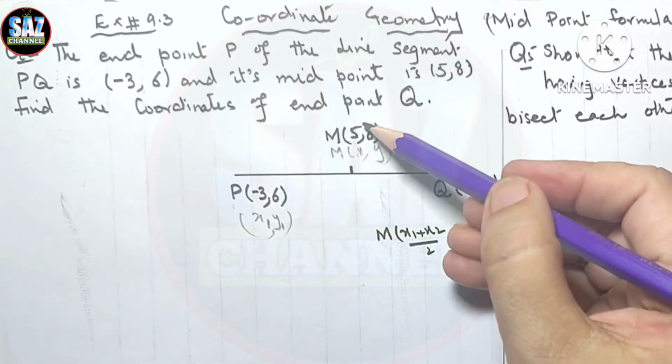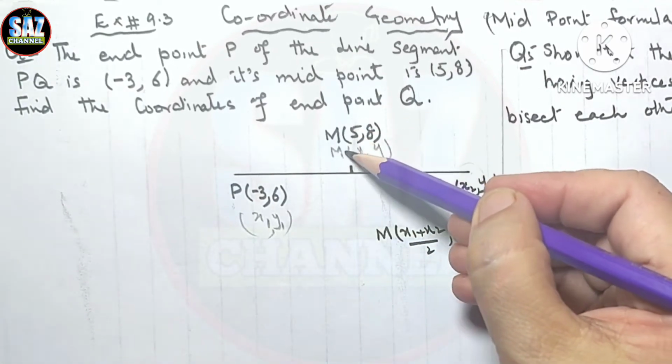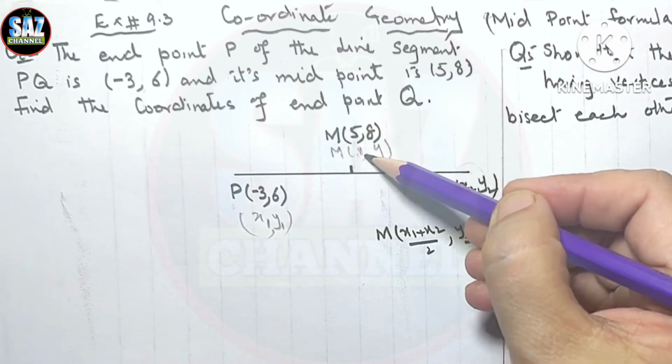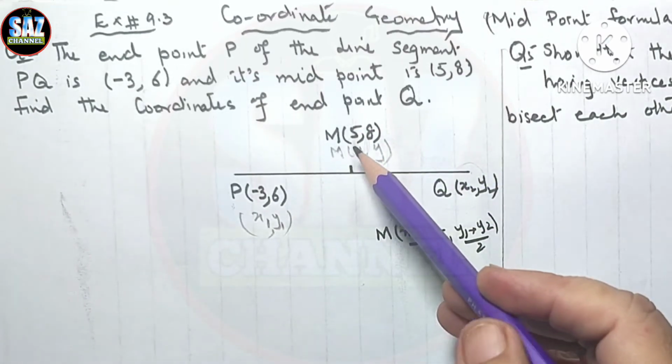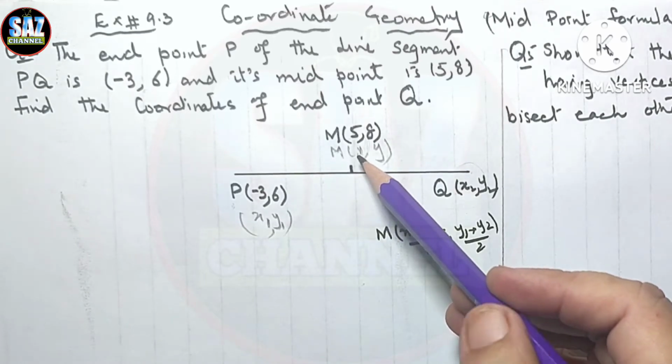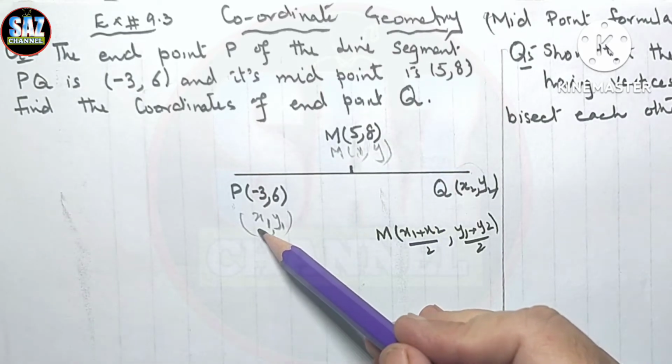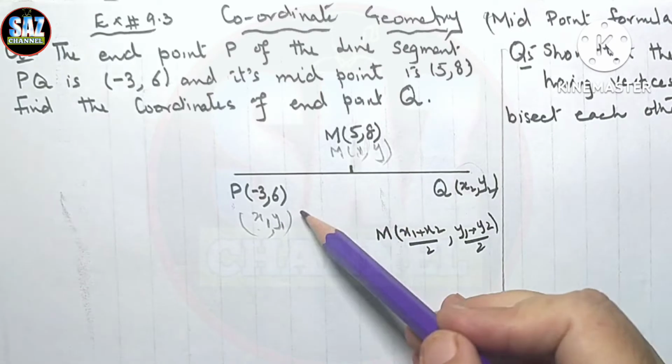And now try to understand that x is the midpoint, and that is the value 5. So this 5 will be equated by the average of the x coordinates of both the points.